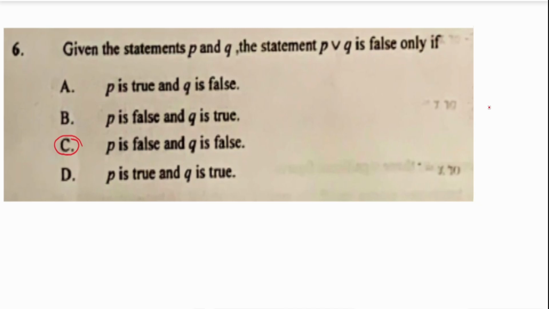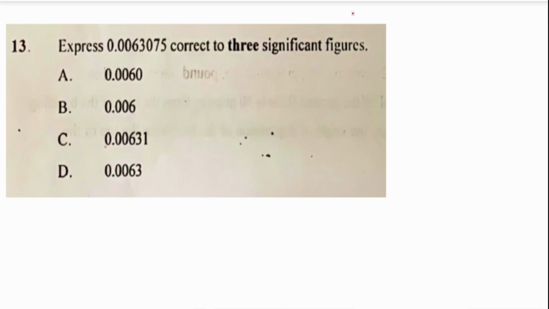We go to question 13. Question 13 is asking us to express 0.0063075 correct with 3 significant figures. So the key or most important information is 3 significant figures. And the first significant figure is the first non-zero number starting from the left.